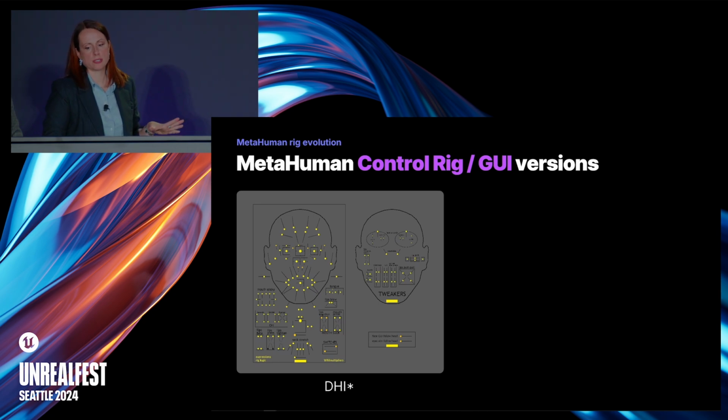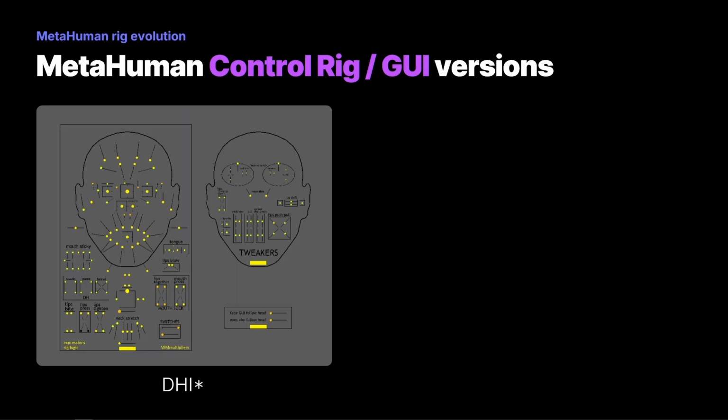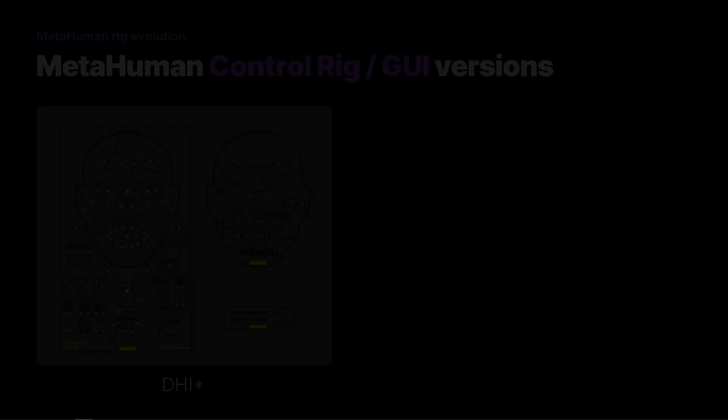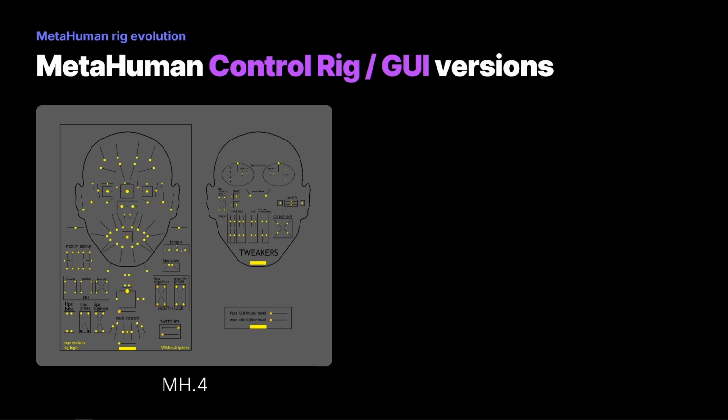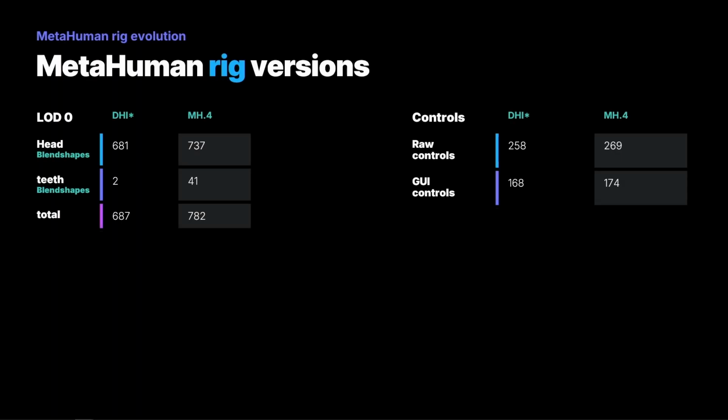Since raw controls are changed, we also changed GUI controls, which you can see in the facial GUI board. Just pay attention to the tongue section and tweakers. I do hope you saw the difference.